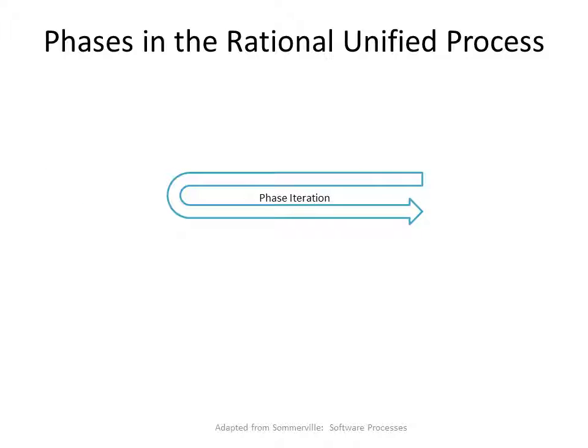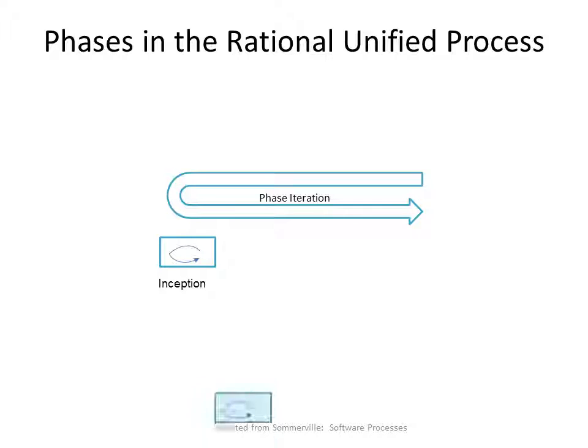We're going to look at the dynamic phases in RUP. Really, the RUP model provides guidelines and templates for the software engineering team to take full advantage of. It's incremental, so the product is designed, implemented, integrated and tested as a series of incremental builds. At first we have inception, which establishes the business case for the system.